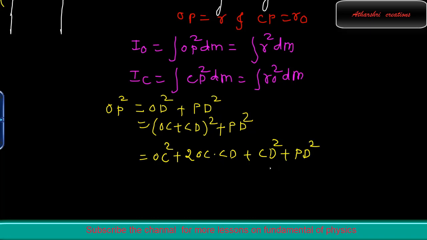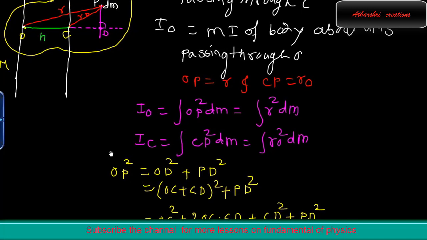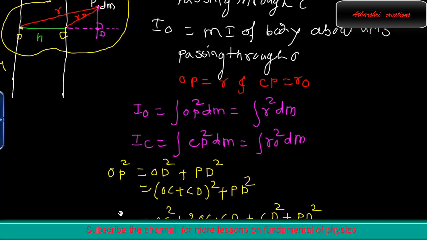Now see, this CD square plus PD square. See in the figure, this is the figure. CD square plus PD square is equal to R0 square, because this is a right angle triangle.